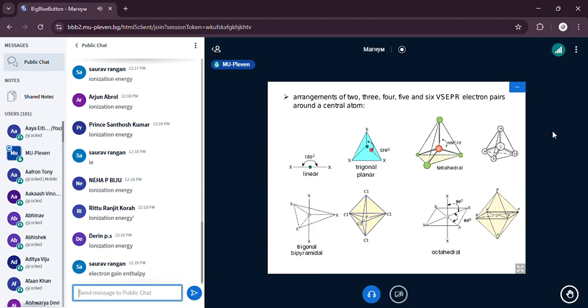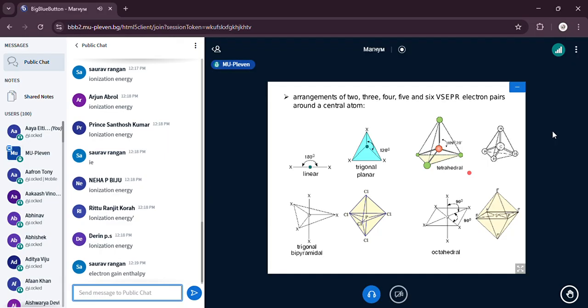In case around the central atom there are 3 electron pairs, the shape is trigonal planar. In case there are 4 electron pairs around the central atom, the shape is tetrahedral. And maybe you remember this molecule of methane, which is shown here.